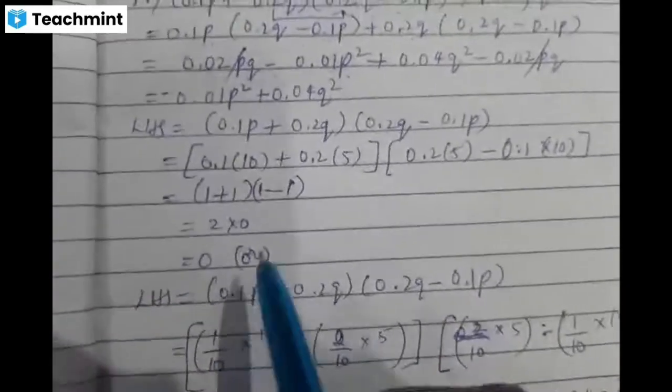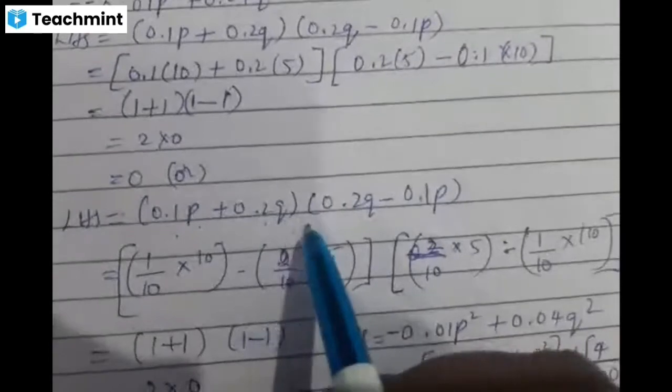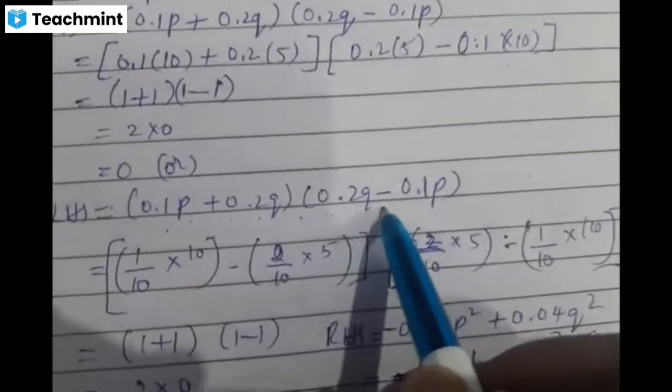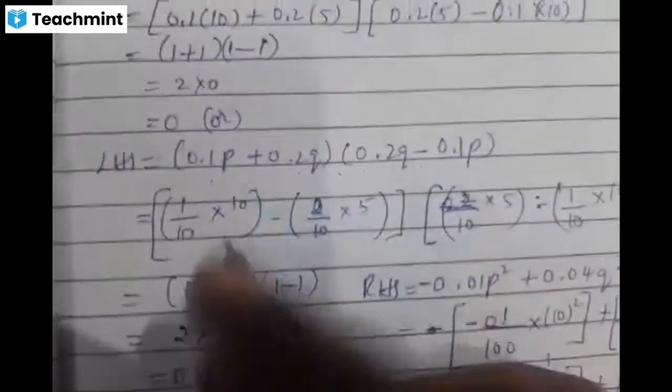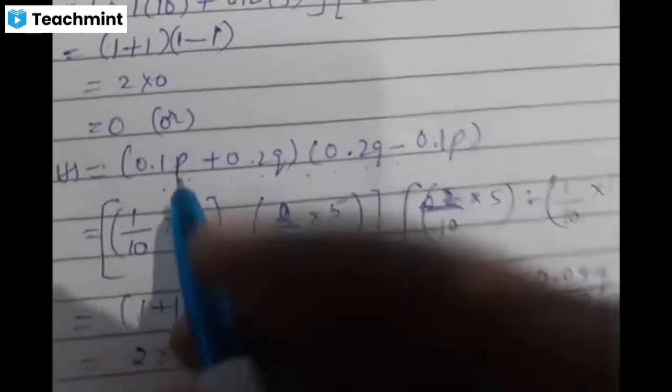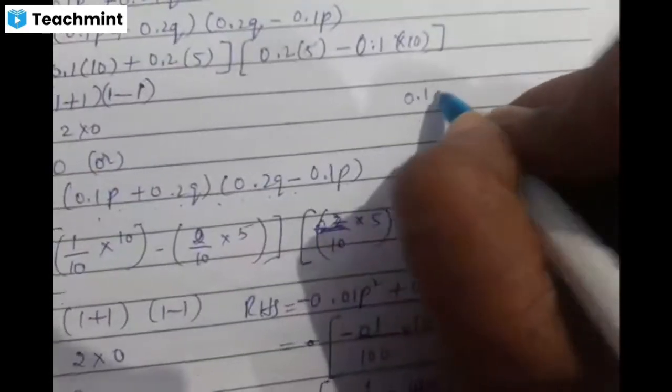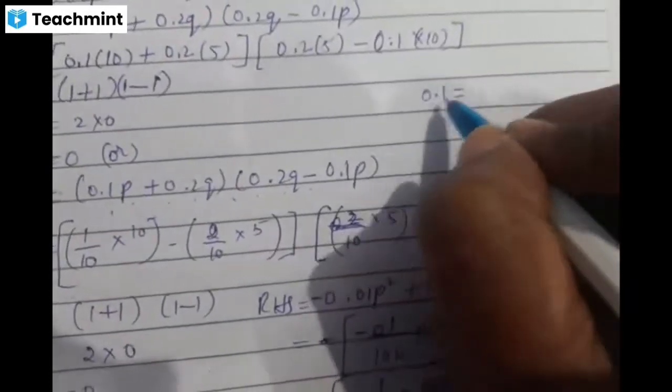Consider LHS, children, that is (0.1p, the given question, plus 0.2q) into (0.2q minus 0.1p). You know how to convert the given decimal point into rational numbers. 0.1 is written as 1 by 10, children.